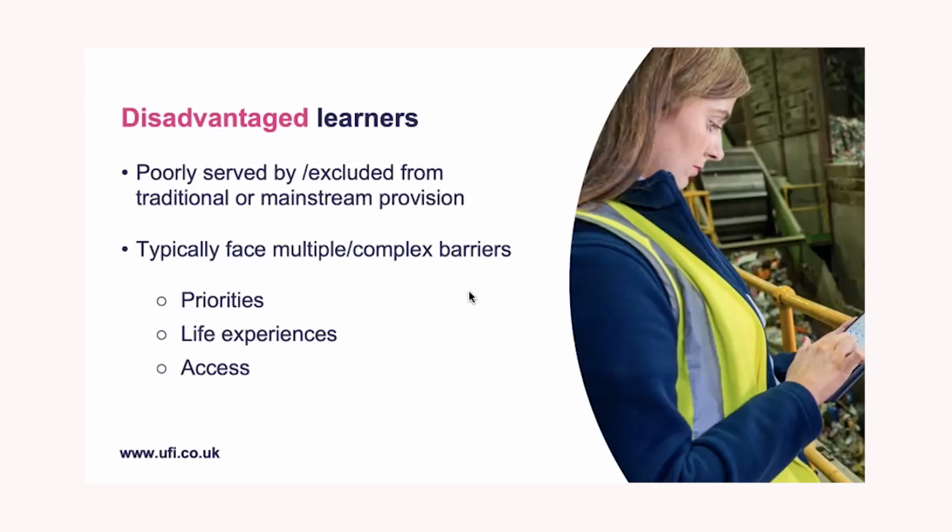They may be coming with different physical or mental differences, or just have had a poor experience. And then finally, thinking about access as well. We often assume that our learners have got access to broadband or devices or email addresses, but often that's not the case.